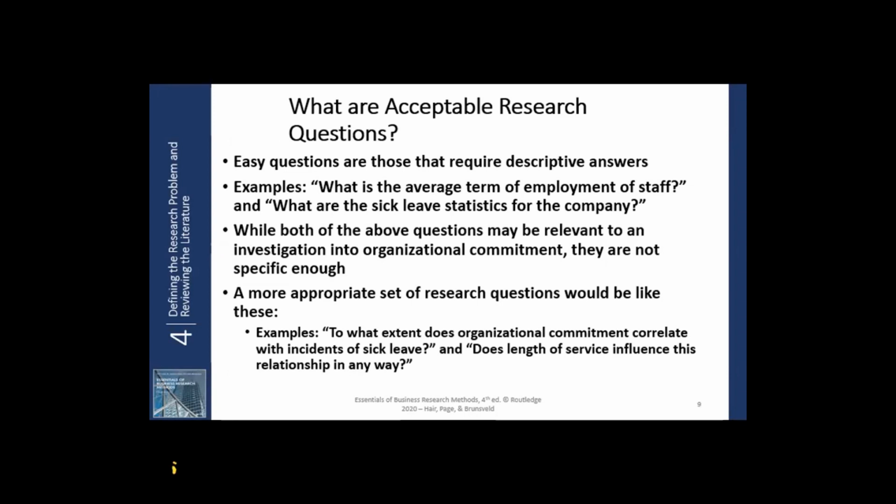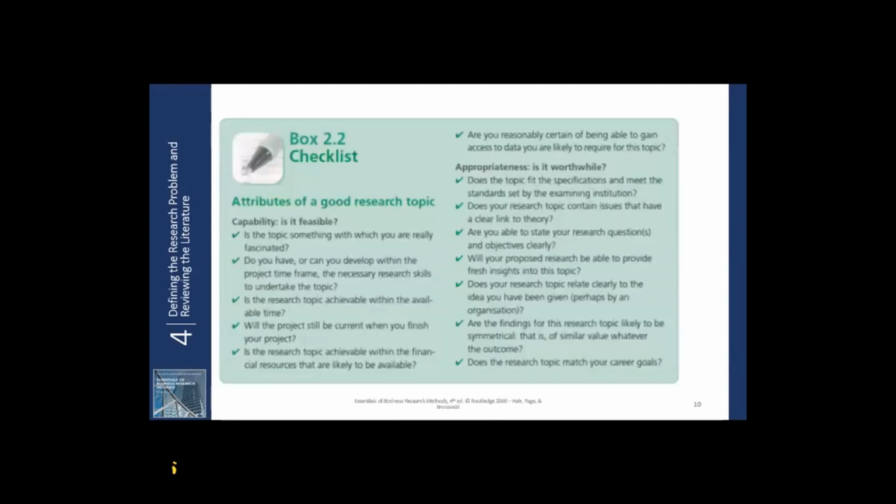Now, just some further checklists, which you can look at later on, to determine whether a research topic is good. Two main attributes. One, capability. Two, appropriateness. Capability looks at feasibility issues. Is it something that can be done?